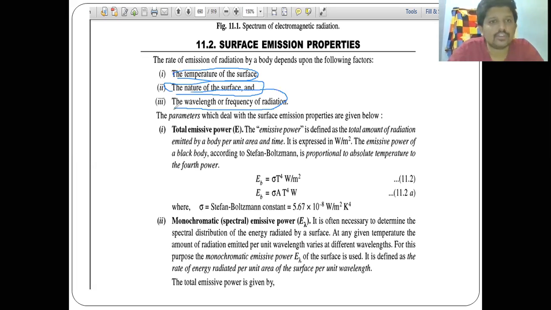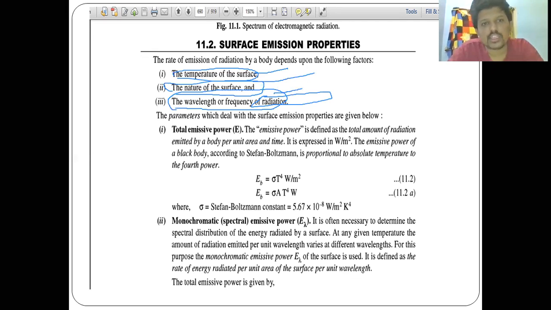In the last class, we defined our spectrum of electromagnetic radiation. Different wavelengths or frequencies will have different radiations. Take an example of X-rays, gamma rays, UV rays. We have the visible light region, we have thermal radiation. So wavelength also is a key point for radiation here. So temperature is the basic one, the nature of surface is the second one, and the wavelength is the third.